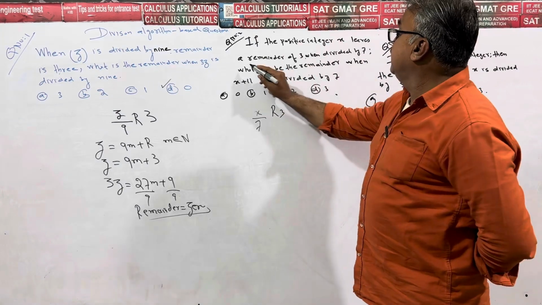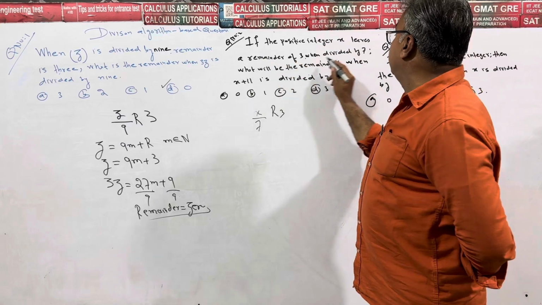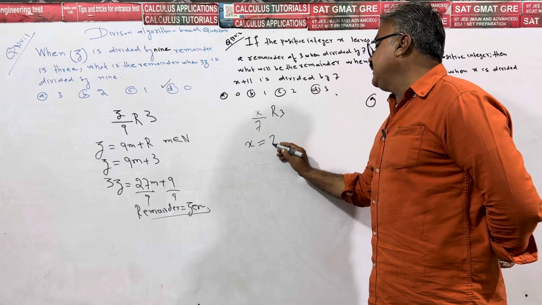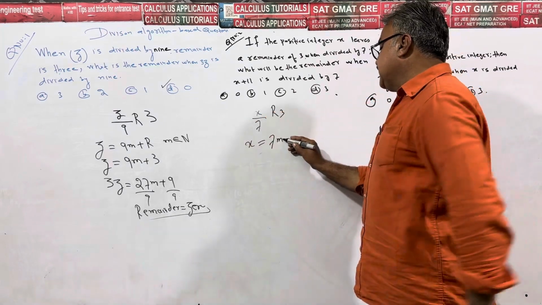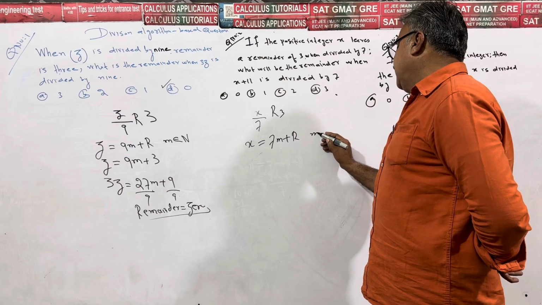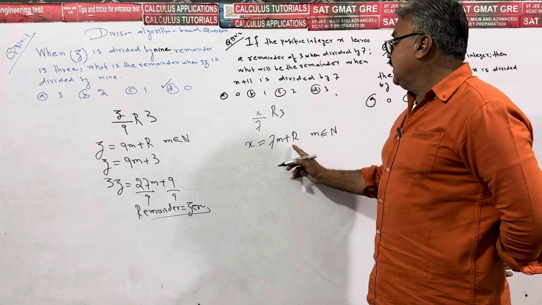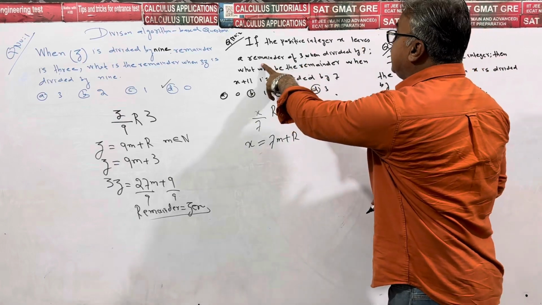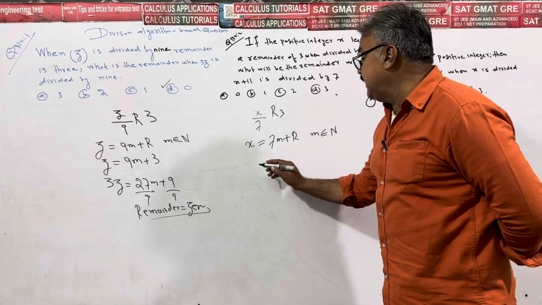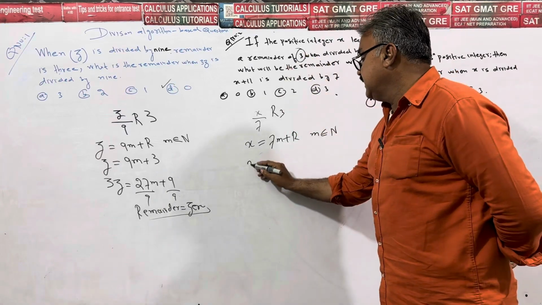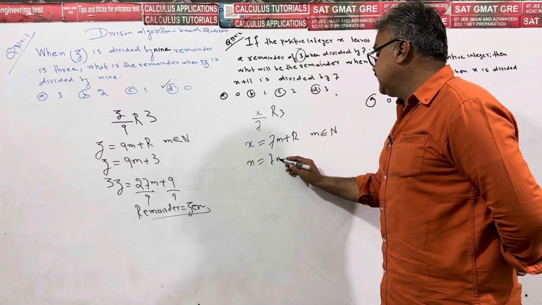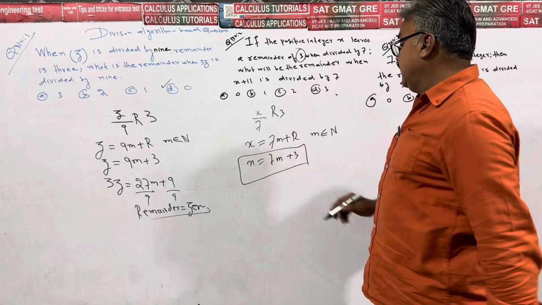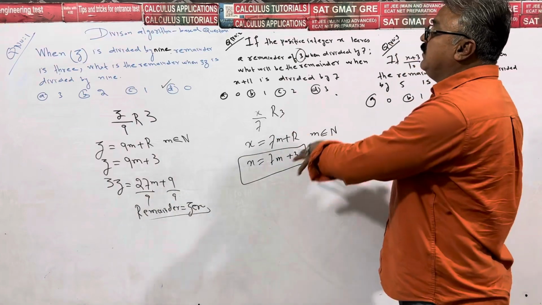So prepare the value of x equal to 7 times m plus remainder, where m must be a natural number and the remainder given to us is 3. In that case, x is 7 times m plus 3. Now we have prepared a rough sketch of the value of x, and we will solve through.